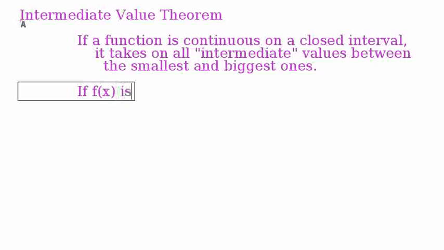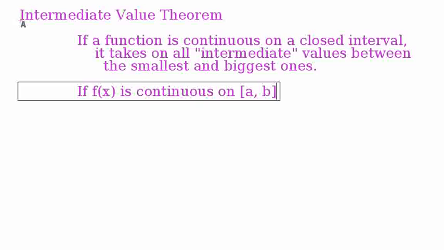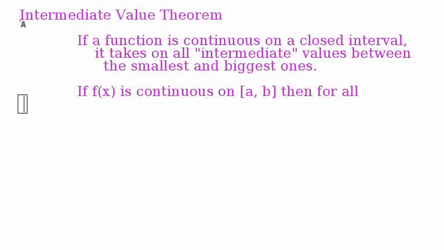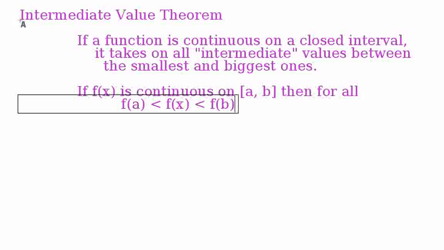If f of x is continuous on [a, b], then for all [y between f(a) and f(b)] there exists an x value.